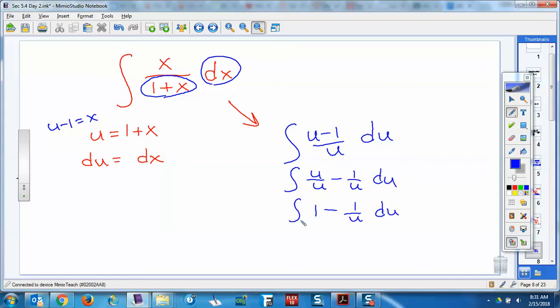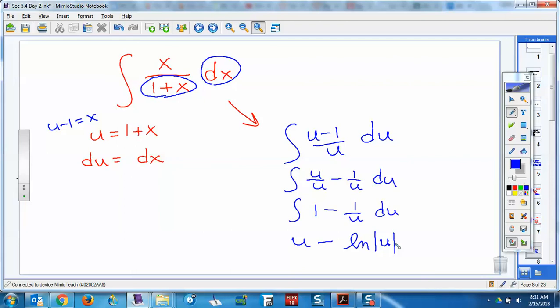So what's the antiderivative of 1? No, careful. With respect to u, it's u minus, what's the antiderivative of 1 over u? ln u, and you've got to put bars around it. We always put bars around it when we do this. We talked about that because u could be negative in this problem.